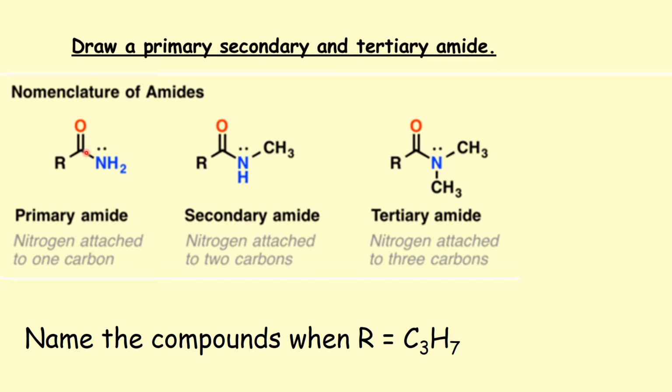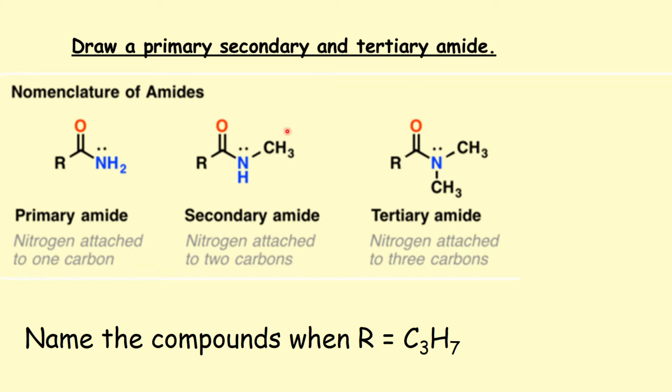Okay, so that would be butanamide, where the nitrogen atom, it's a primary amide, the nitrogen is attached to 1 carbon atom. Now, if the nitrogen atom, note the lone pairs, please put it in a highlighter if you haven't already, if the nitrogen atom is attached to 2 carbon atoms, then it's going to be a secondary amide. And as you know, try pausing this video to name these structures if you like.